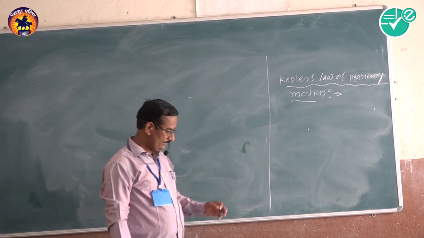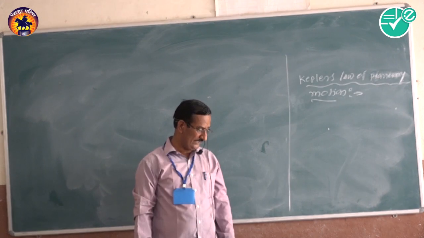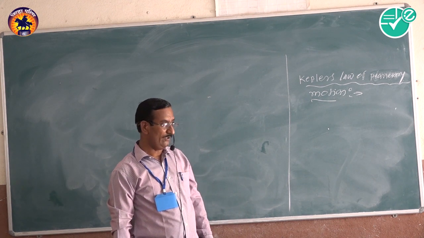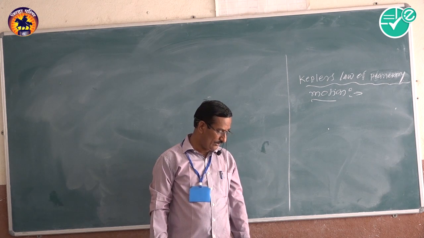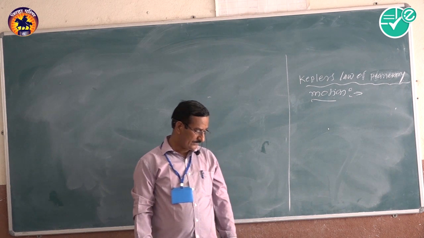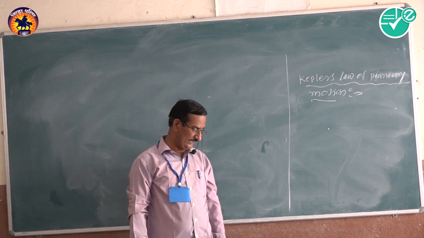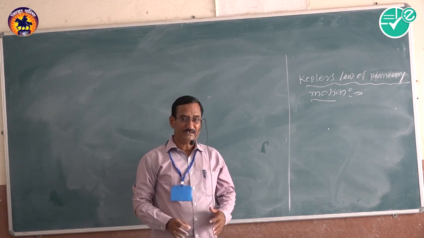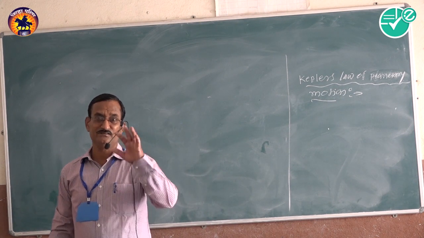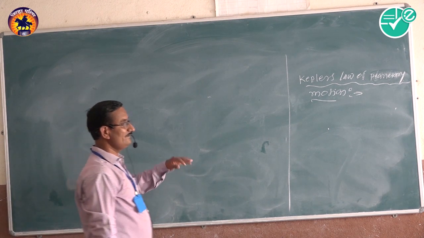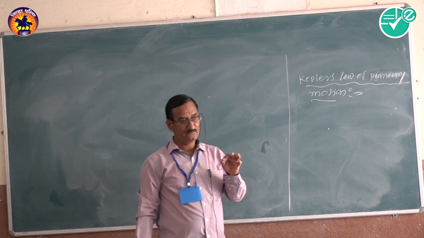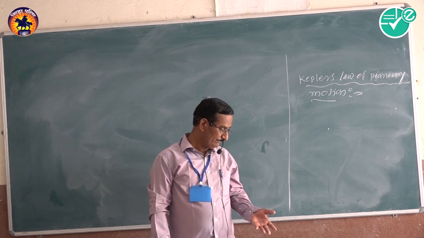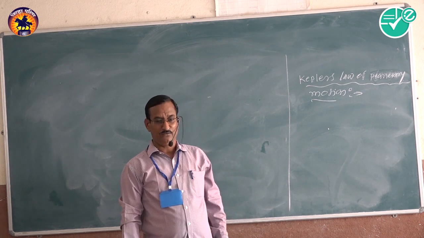Kepler's first law is also known as the law of elliptical orbits, the second law is also known as the law of areas, and Kepler's third law is also known as the law of periods. In physics, any law is divided into three terms, that is statement of the law, then explanation of the law, and proof of the law.